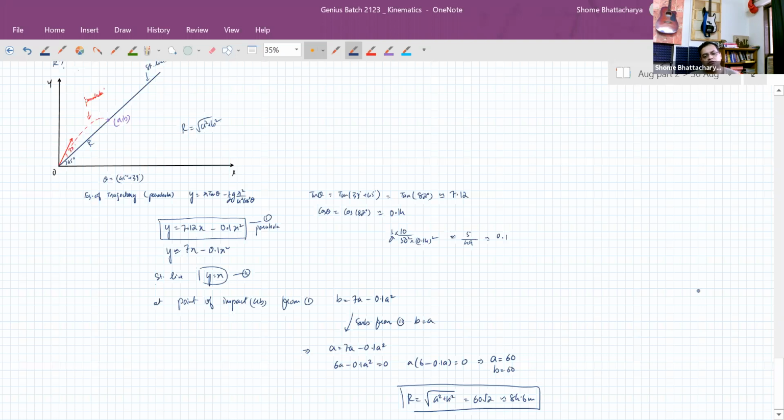In HC Verma, it's all in one chapter, kinematics only. In Resnick-Halliday, again, it is divided into chapters, projectile motion and things like that. But it's all the same. It's all equations of motion without getting into the dynamics of motion, that is, without getting into the forces which are creating that motion or the work energy concept. It's purely the relationship between the kinematic parameters: velocity, acceleration, displacement, those kinds of things.